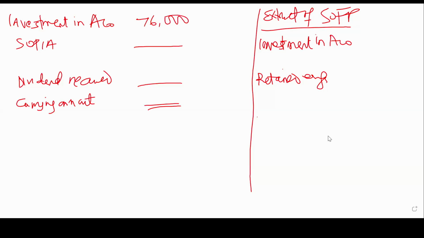Now, of ACO, we said it should be 100,000. Profit before tax, how did we get it? Profit before tax was 164,000. Tax in itself was 64,000.